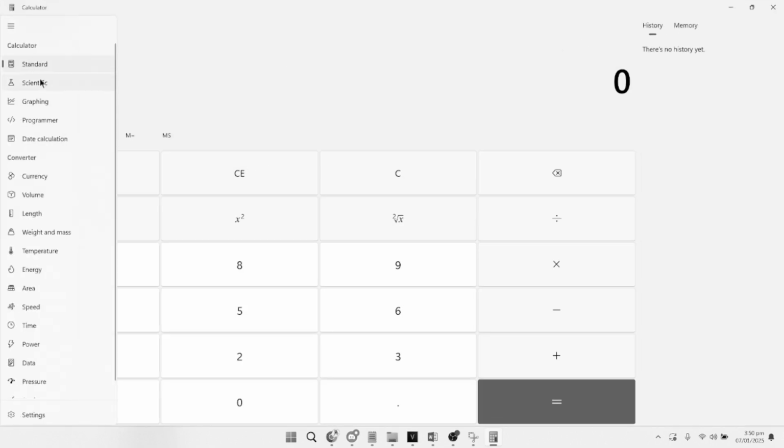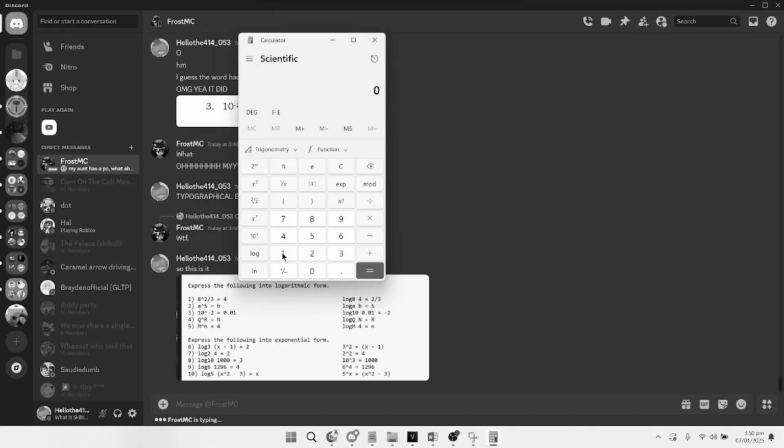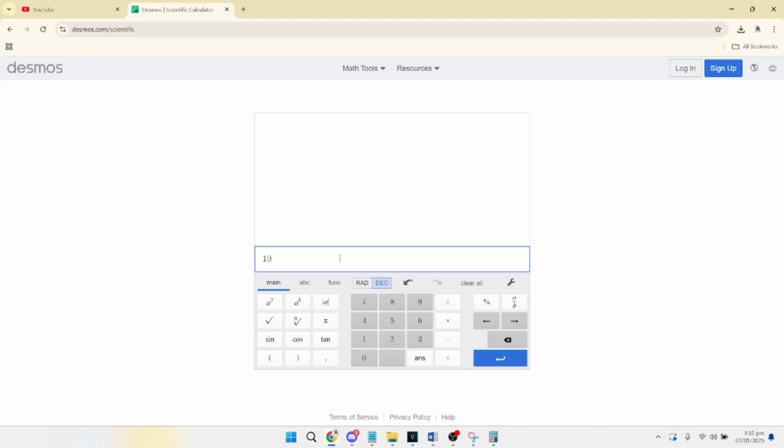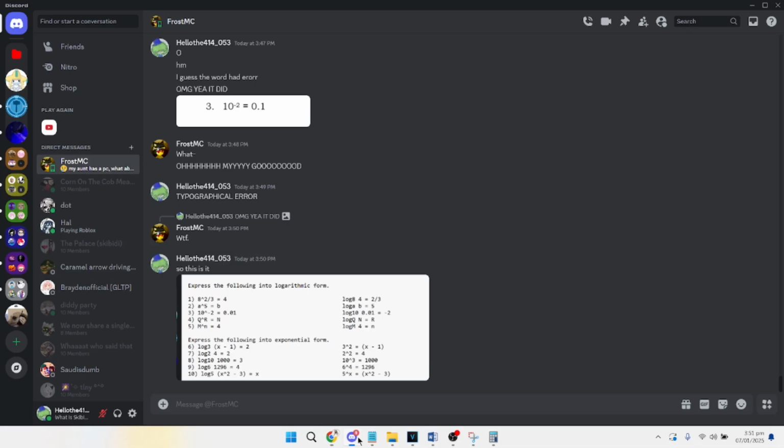I need a scientific calculator. So 10, and then I hold shift and press the 6 key, so that makes an exponent. Negative 2. See, 0.01, that's what it said in decimal. If I convert it to a fraction, 1 over 100, 0.01.